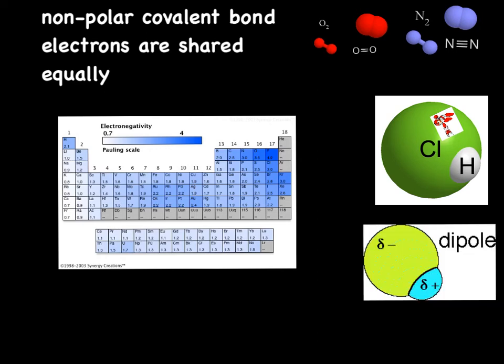Since that shared pair of electrons is attracted more to the chlorine atom than to the hydrogen atom, we have a polar covalent bond, meaning the electrons are being shared unequally. That leaves us with a molecule that has a partial negative charge on the chlorine end and a partial positive charge on the hydrogen end.